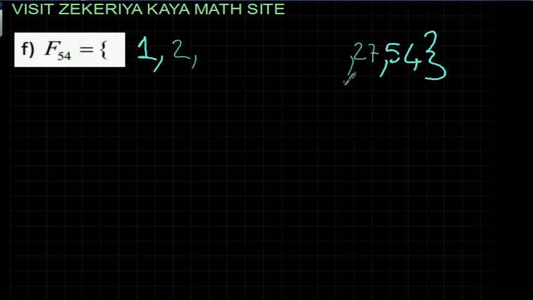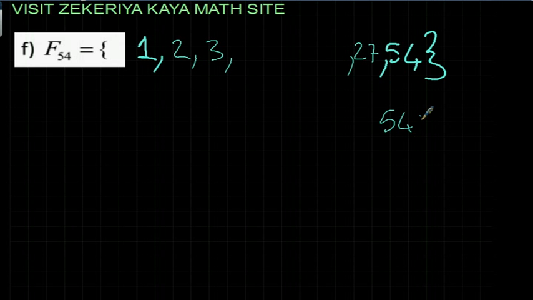So after 2, we will check the next number. What is the next number? 3. Can we divide 54 by 3? To check that, 5 plus 4 is? We can divide 9 by 3, so we can divide 54 by 3. So 3 will be another one. Then 3 times what makes 54?